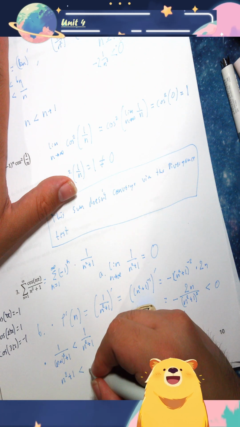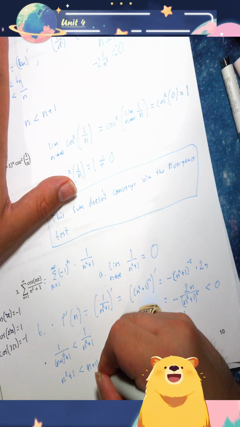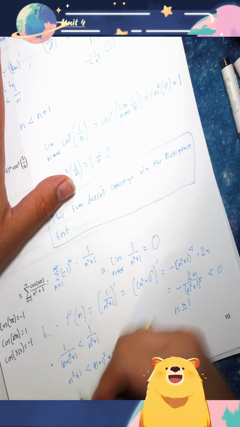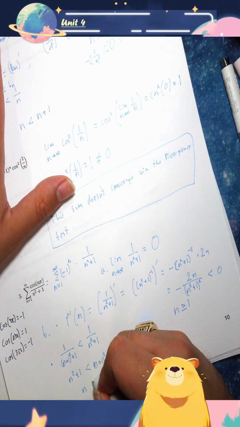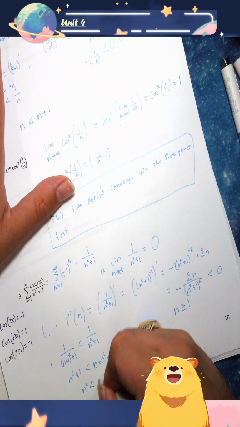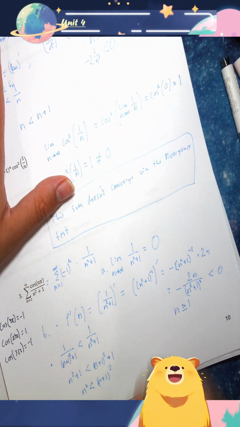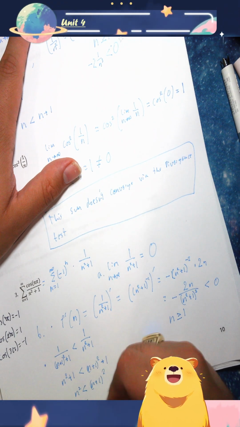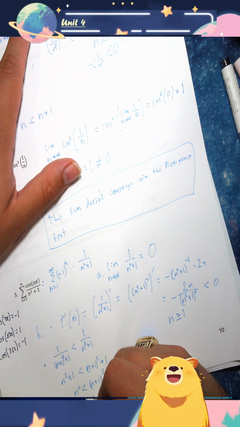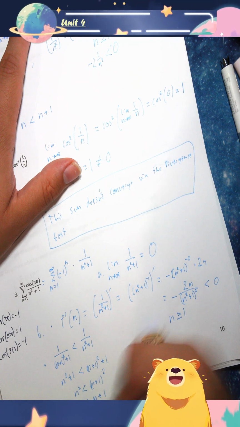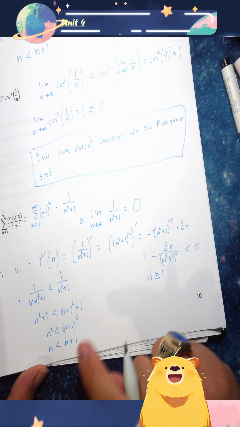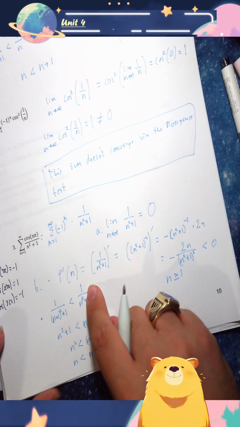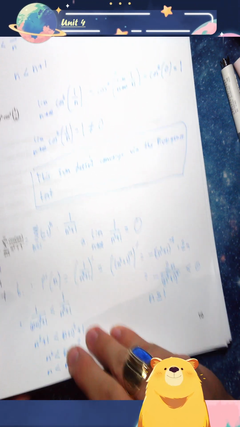You can subtract the ones, and you get n squared is less than n plus 1 squared. Then you could technically square root both sides. You know there's no trickery, they're always positive. So you have n is less than n plus 1, which is another dummy inequality that lets you claim that they do steadily decrease.